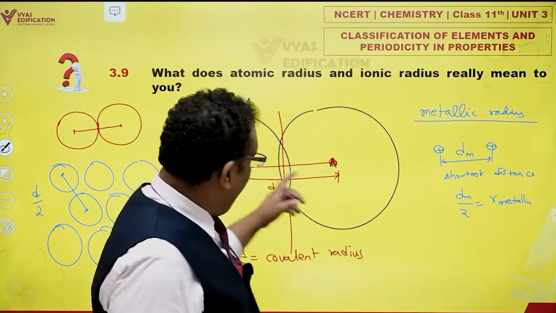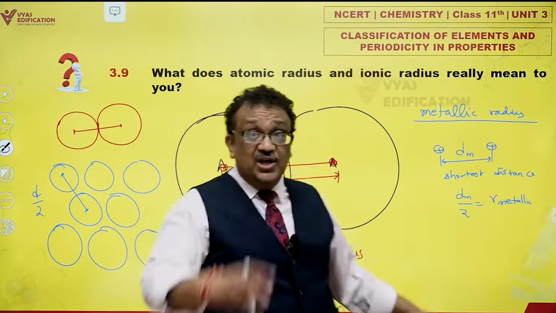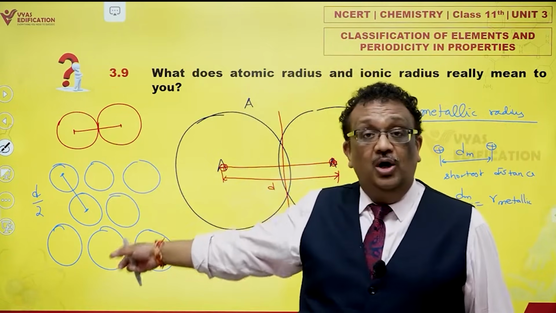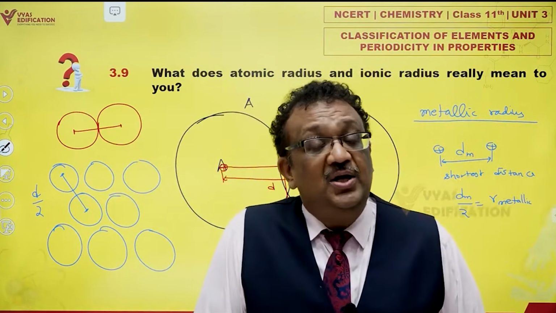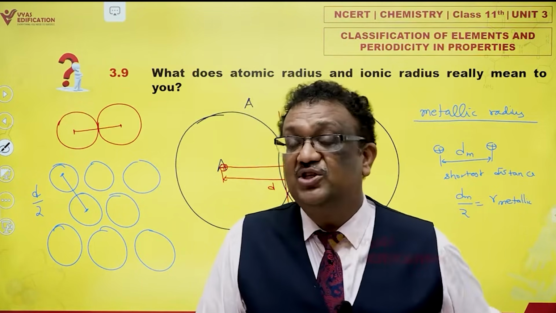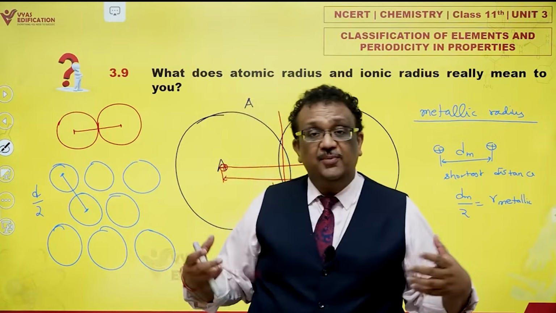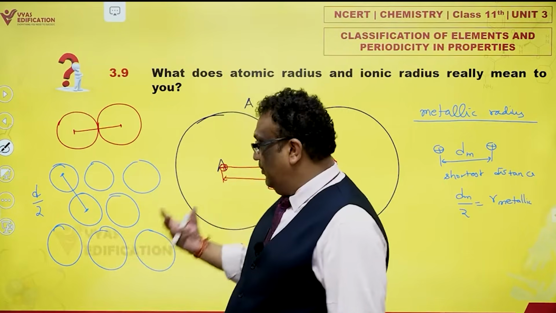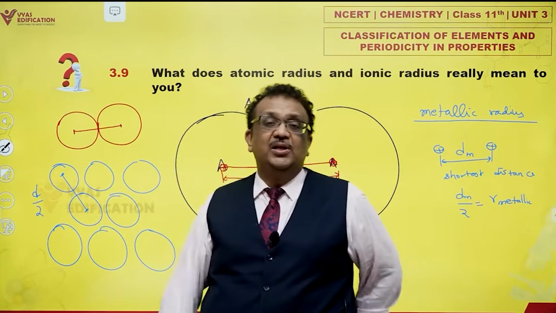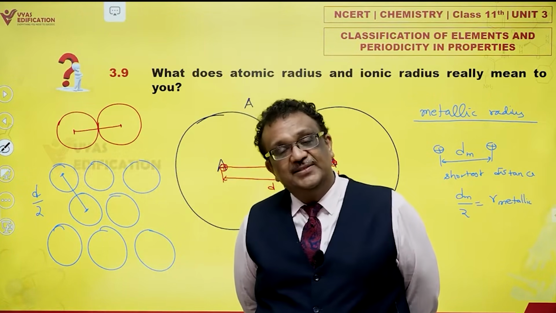So we have covalent radius, metallic radius, and the so-called Van der Waals radius. Why? Because this is measured between species which are not connected to each other by any metallic or chemical bond, but which are just held together by Van der Waals forces.